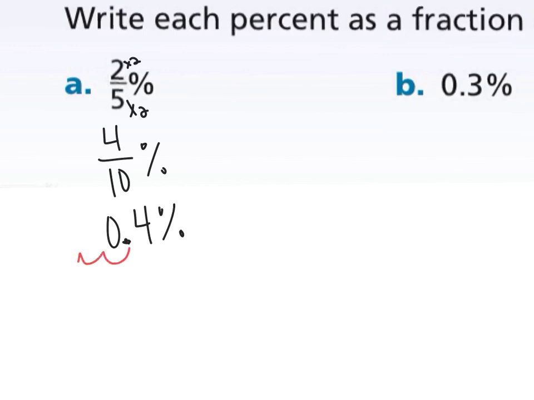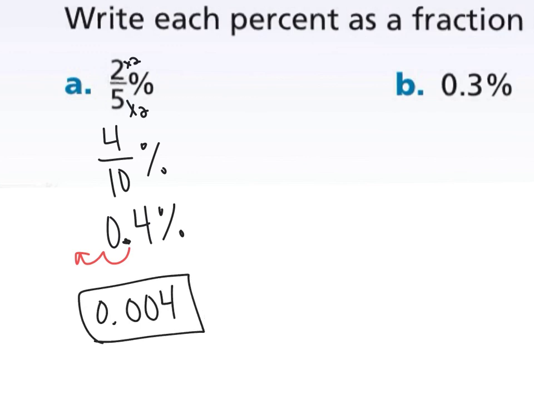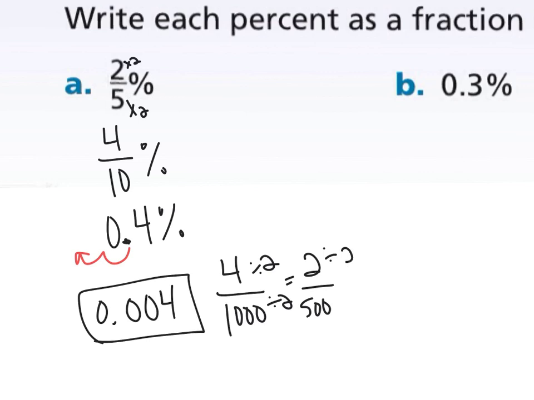So then if we move our decimal 2 spots to the left, that would be 4 thousandths. And then our fraction would be 4 thousandths, which we can reduce down. That'd be 2 over 500, which we can reduce to 1 out of 250.